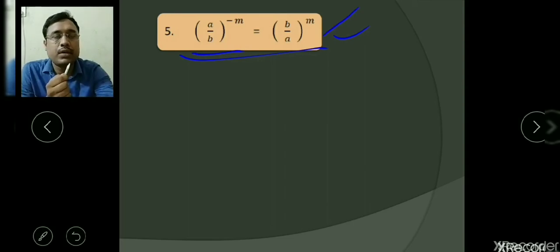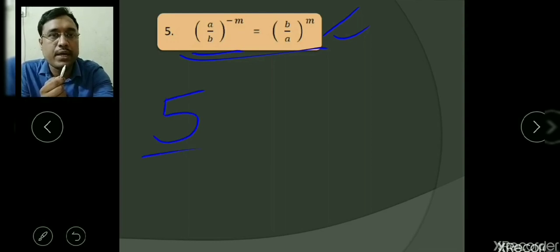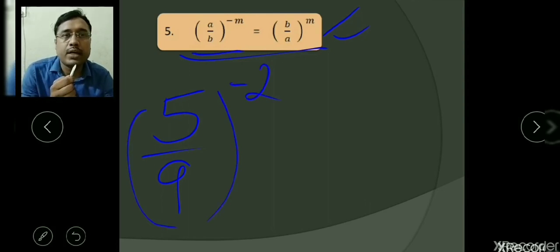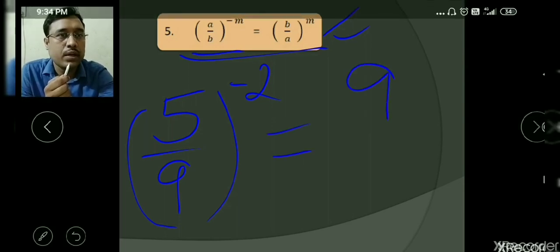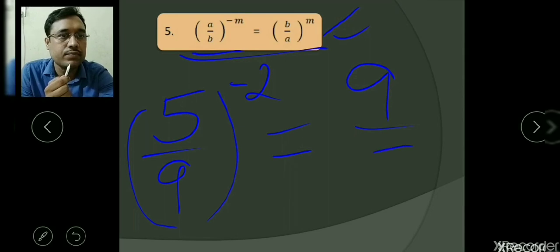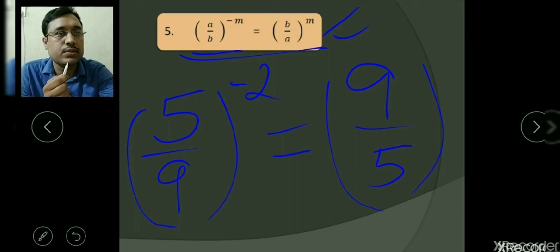For example, we can do here, suppose I am taking this number 5 by 9, and above it the power is minus 2. 5 by 9 raised to the power minus 2 is equal to 9 by 5 raised to the power plus 2.